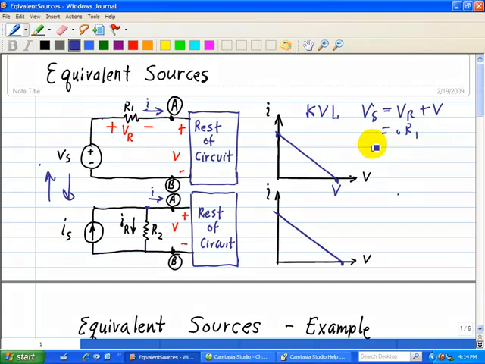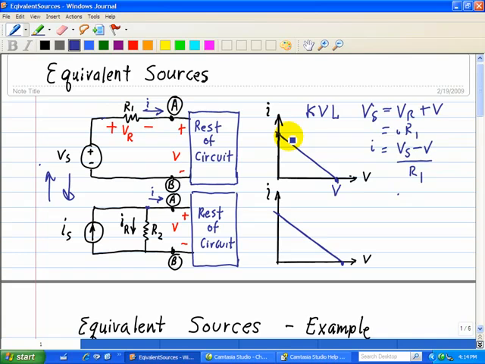Solving for I, we have I is equal to Vs minus V, which is just the voltage across resistor R1, divided by R1.